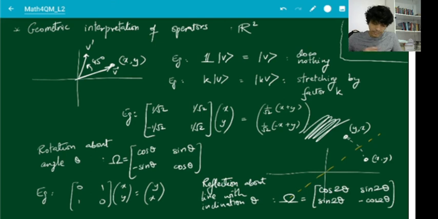So this is one more thing that an operator can do. It can flip points or vectors about any given axis. So it takes this vector and transforms it into this vector.